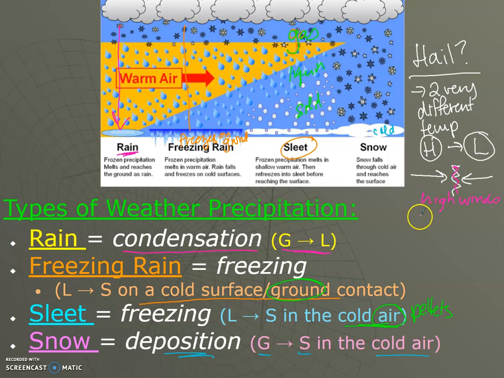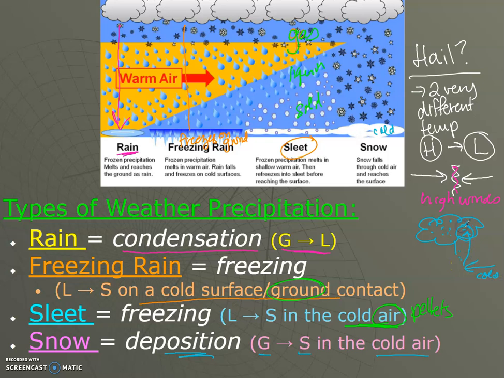What happens is you have your clouds that contain your water, and the water pellets are going to fall down. You have your rain, and then they're going to freeze in part of the cold air, and it's going to push it back up into the cloud.